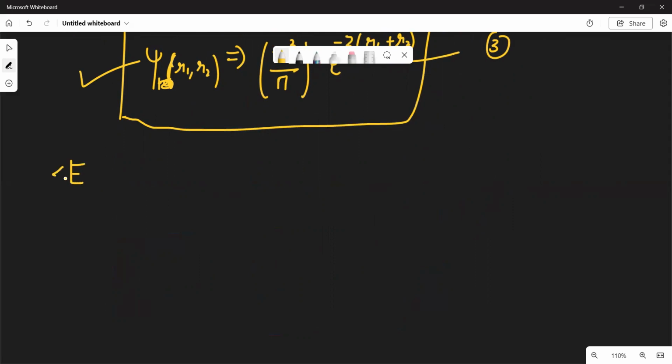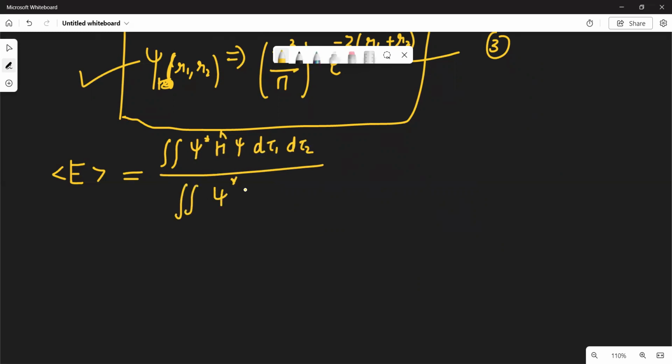So this is the expectation value of energy, which is equal to integration. I am writing double integration here because my helium atom consists of 2 electrons. Psi star H cap psi d tau 1 d tau 2 upon psi star psi d tau 1 d tau 2.